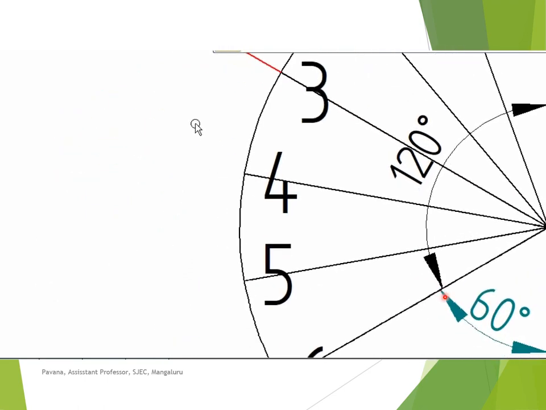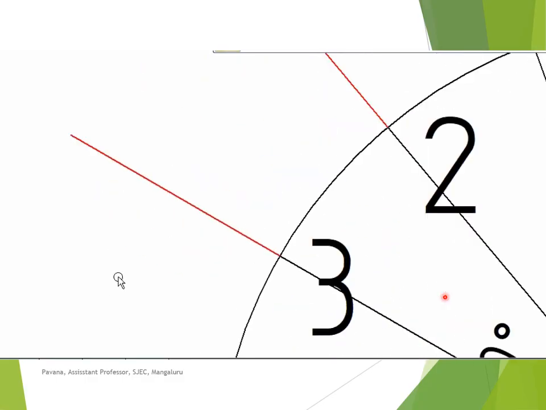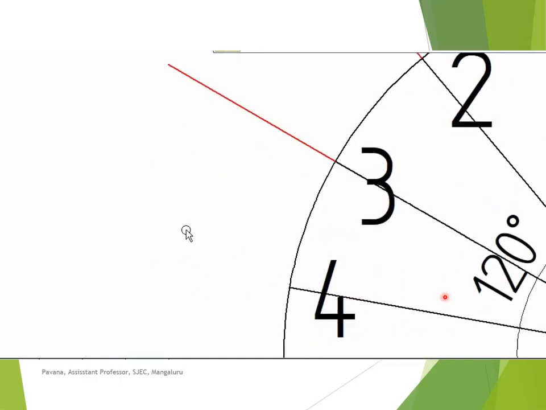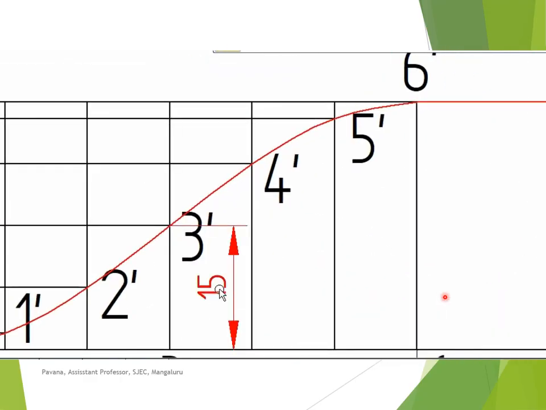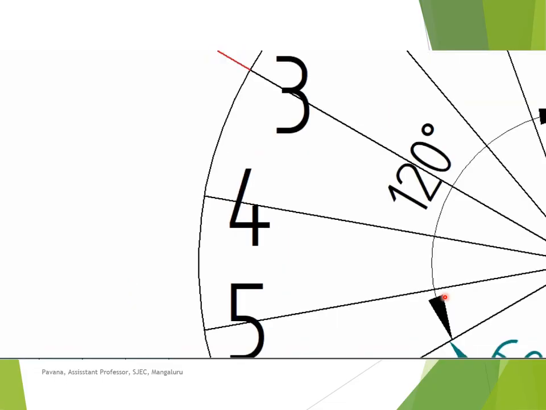In the book, if you do in centimeters, it will be 1.5 centimeters. In software, it is showing in terms of mm. Repeat that for the remaining. Measure the 4 dash distance. It is 22.5 mm. So add that 22.5 to the end of this.